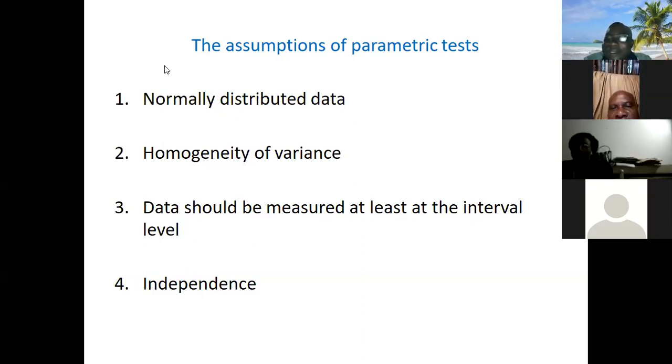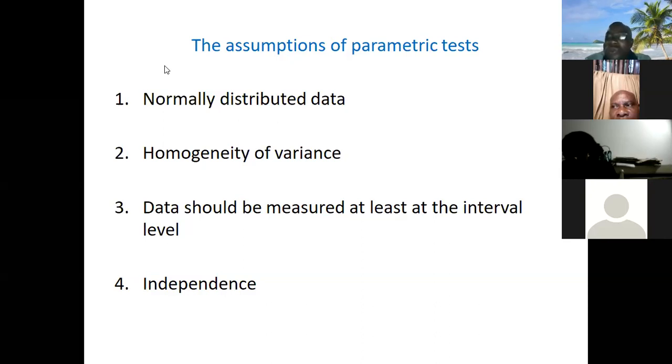So when you say parametric, it means there is an assumption that in the population, the variable being measured follows a pattern, the normal distribution. That's why they call them parametric tests. So t-tests are parametric tests.